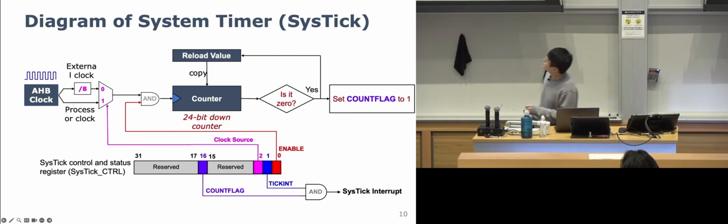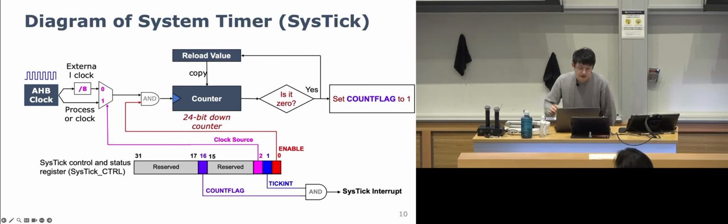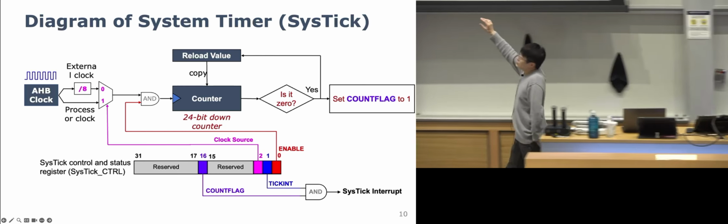Oh, the ticking is the interrupt enable bit, so it enables this interrupt. And what's the other one? The count flag. The count flag is whether it reaches 0.